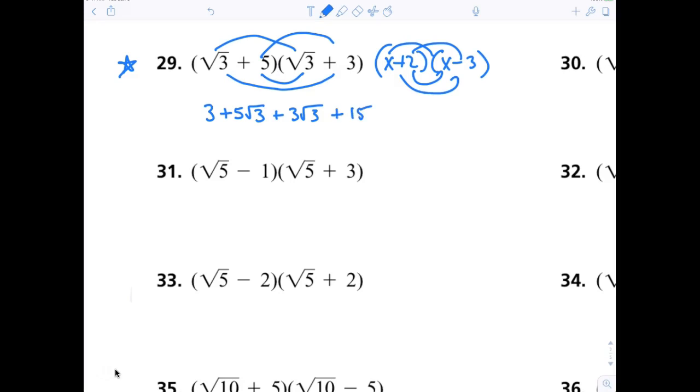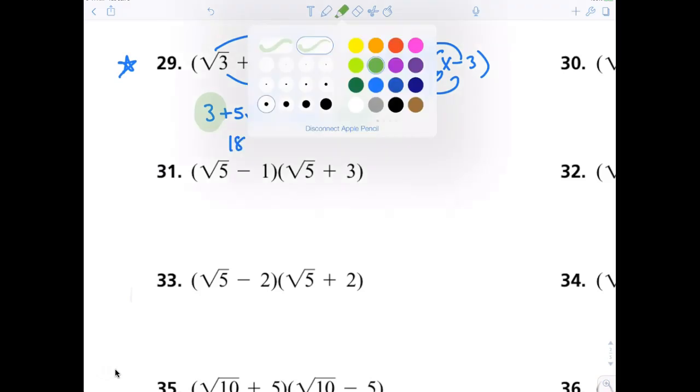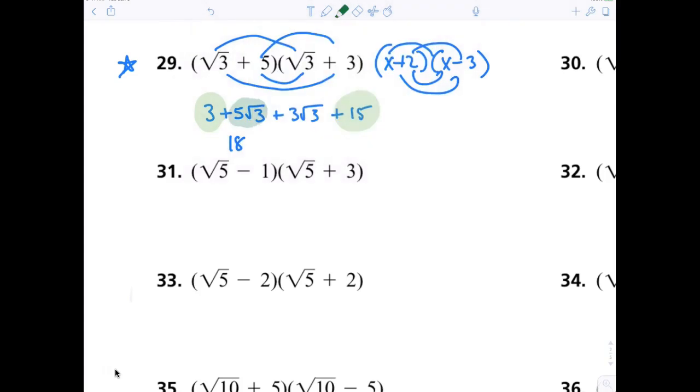Good. Plus 15. Now, we're just looking at this and this. What's that? 18. And then we're looking at, what's that? Plus 8 radical 3. Perfect. Everybody see? Simple, simple.